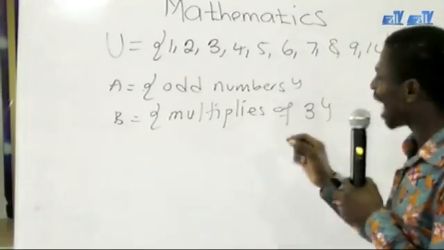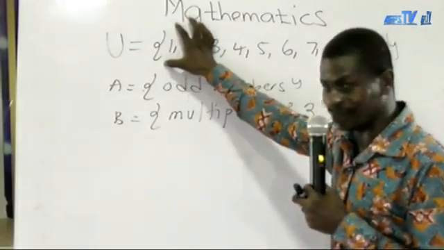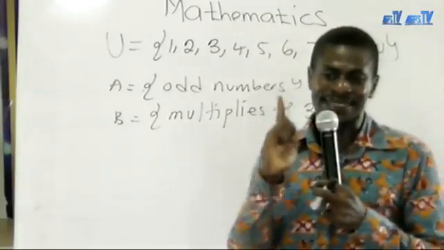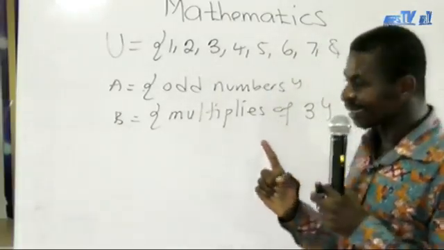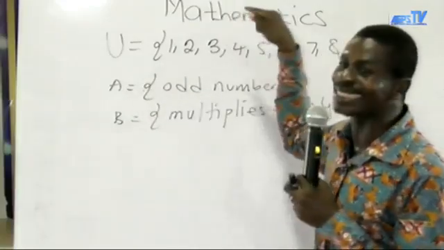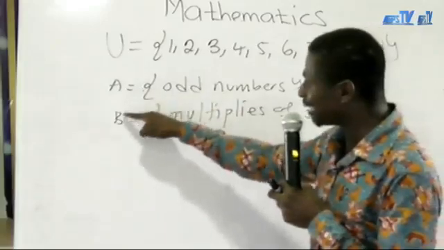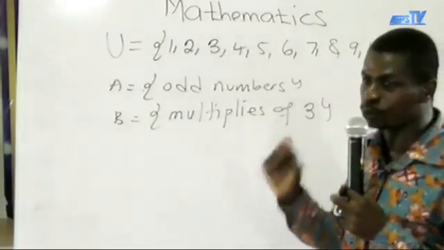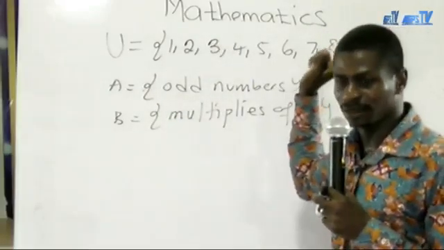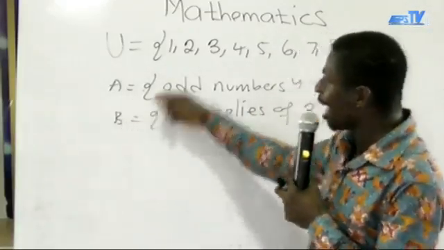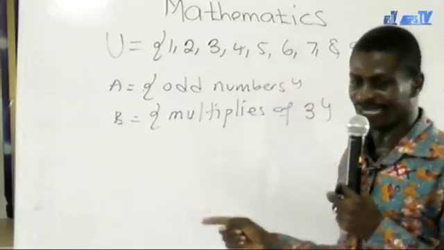But anytime they give you a universal set, the statement will always be that set A and set B are subsets of the universal set.